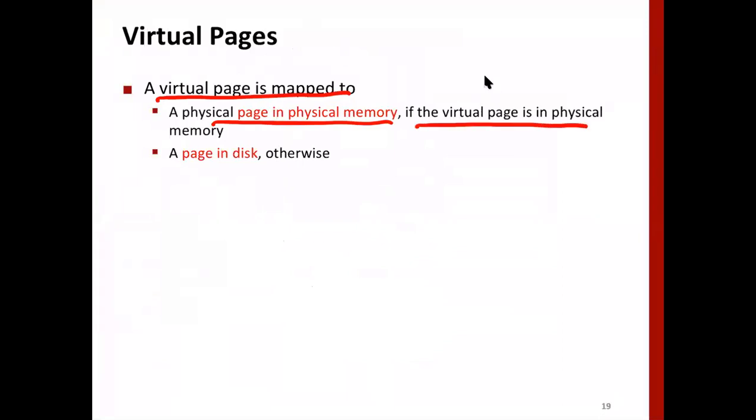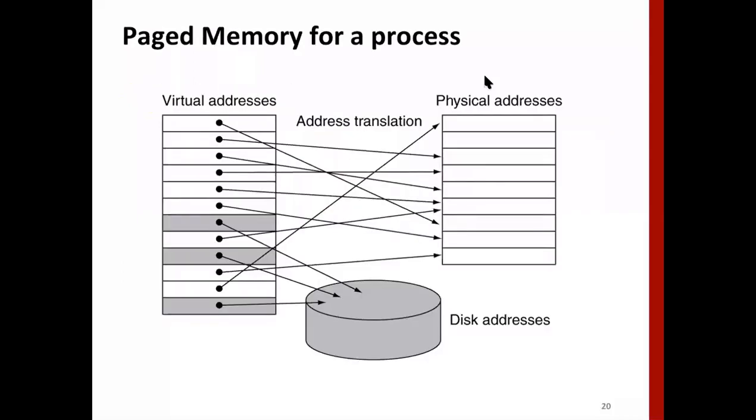If the virtual page is in physical memory, fine, the mapping in the table points to that page. And if it is not there, then the page is on the disk, and we map it to a page on disk.